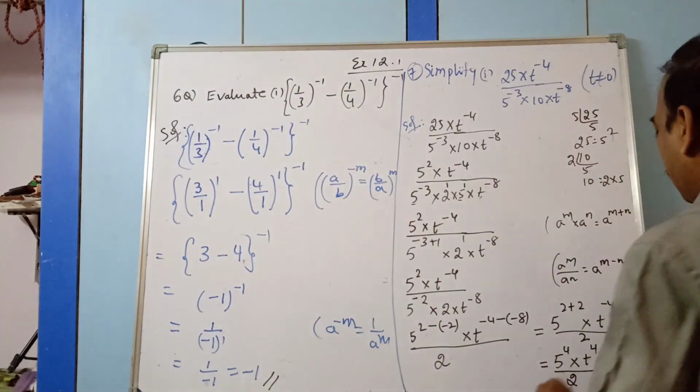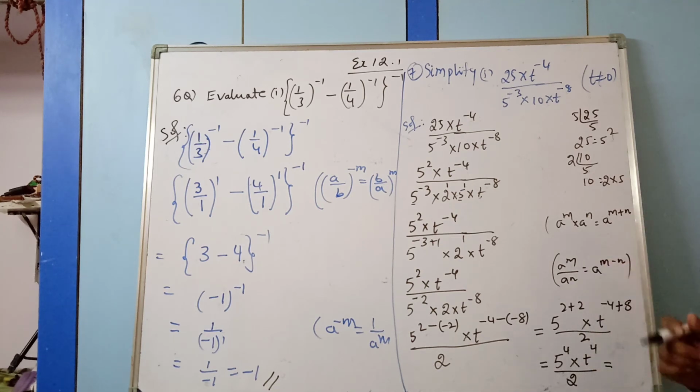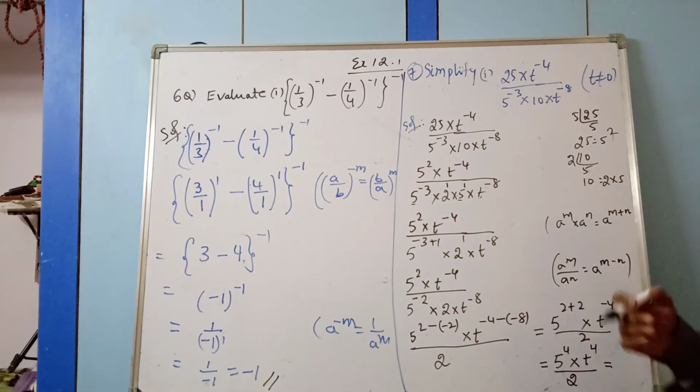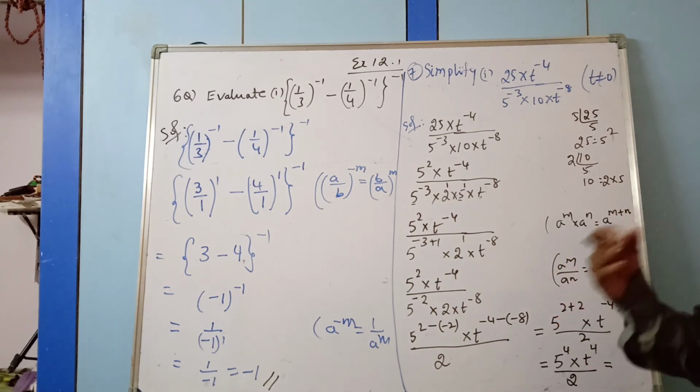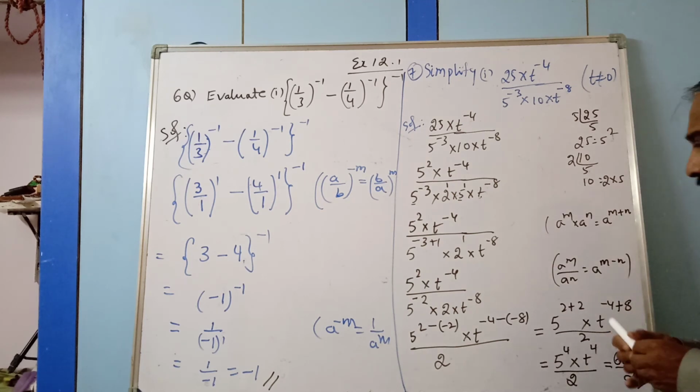Now the final step: 5 power 4 means 5 into 5 into 5 into 5, 4 times. 5 5s are 25, 25 5s are 125, 125 into 5 gives you 625 into t to the power 4 by 2. This is the final answer.